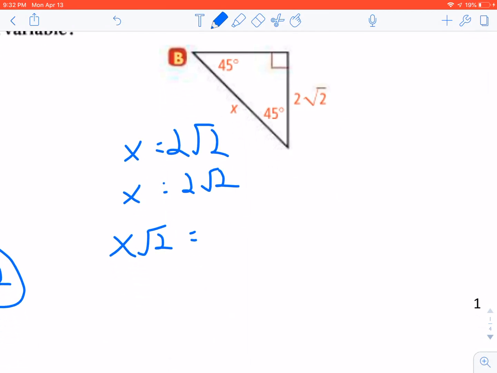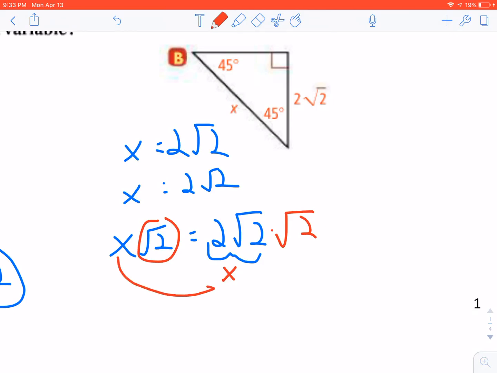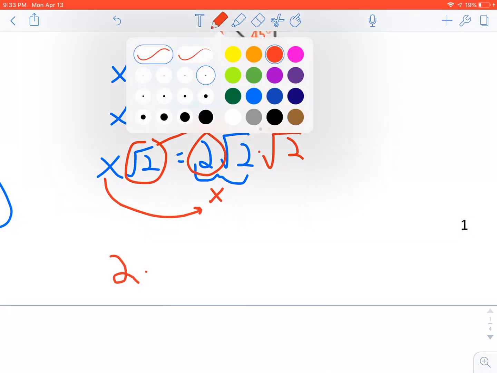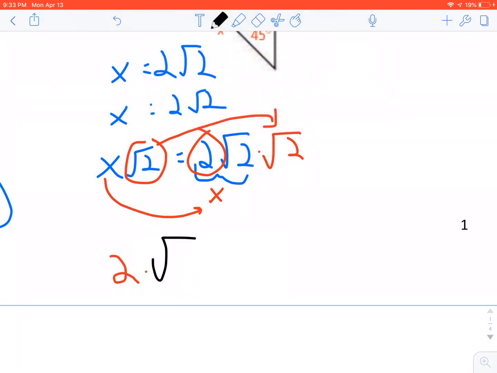Now, take whatever your leg was, which in this case the entire leg is 2 radical 2, and multiply it by radical 2. So this was your X, and I need to multiply that by radical 2. Well, okay, how do you do this? Well, just like we did in the example above. The 2 that's out in front is a constant. Just kind of leave it alone here for a minute. And let's do the radical 2 times radical 2.